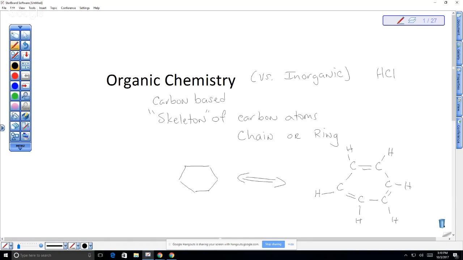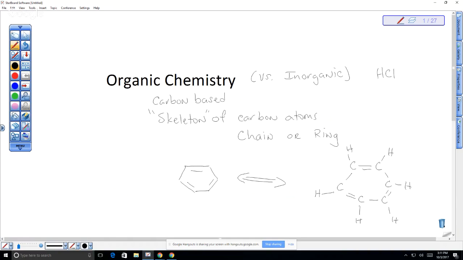Okay, so just because it's kind of tedious to draw in all the carbons, every time there's a little joint here, a little angle, that means that there's a carbon atom there. And then we could draw in those double bonds. So there's one here, there's one here, and there's one here. So those two things are the same thing. So if you get into organic chemistry, you end up drawing a lot of figures.